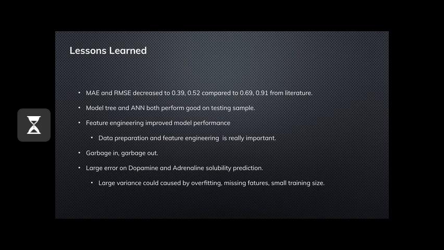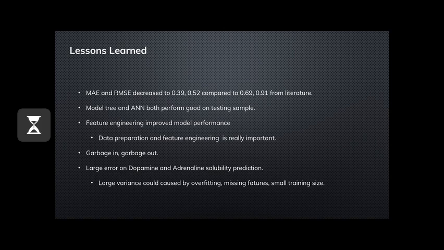The reason people don't use experimental data is, one, there are too many chemicals available, and two, the labor cost is too high. So if we could use experimental data instead of computational data, the model would be much more trustworthy.